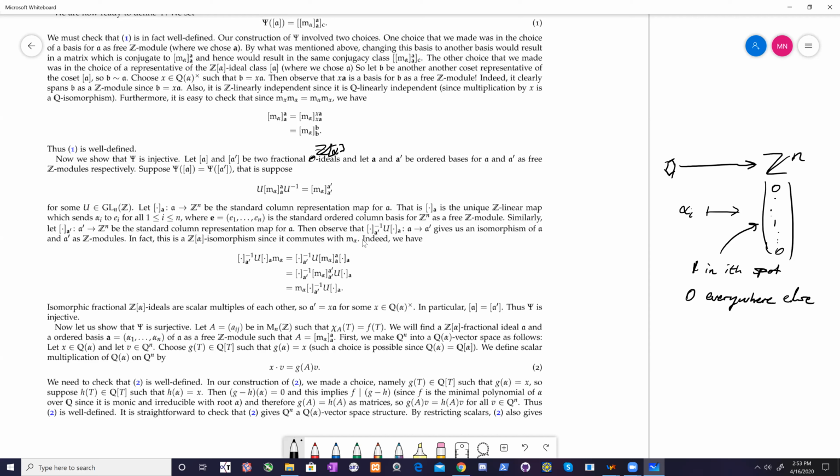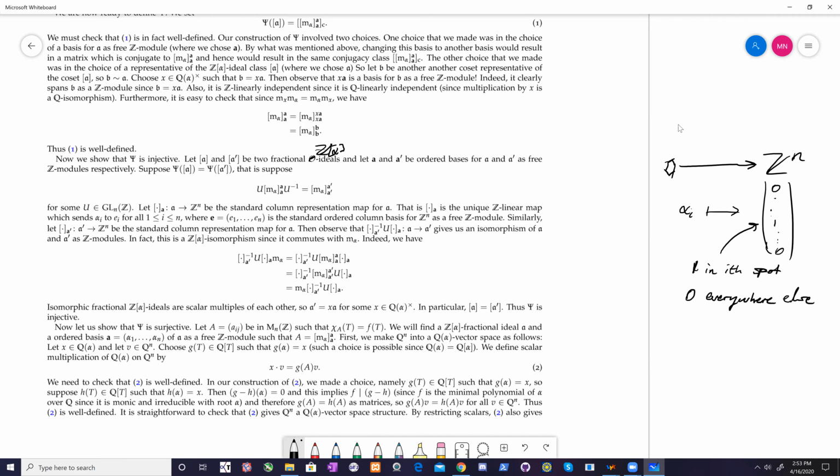The reason is that M sub alpha commutes with this map here. That's what is done in this calculation: you swap M sub alpha with this map first, then with this U here, and then with this one. This shows that this map is actually a Z[alpha] isomorphism.